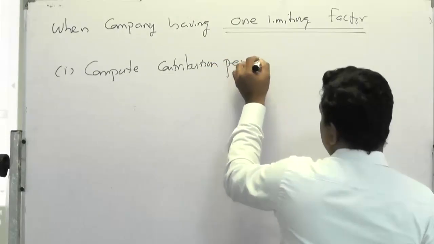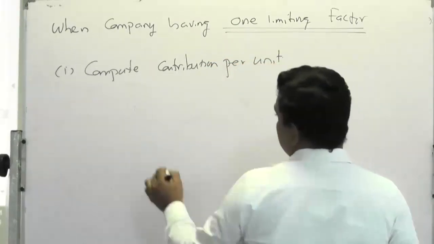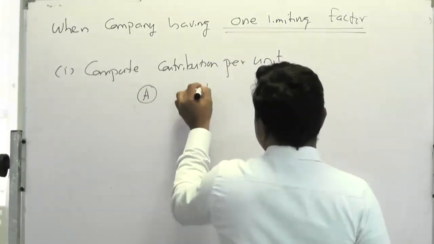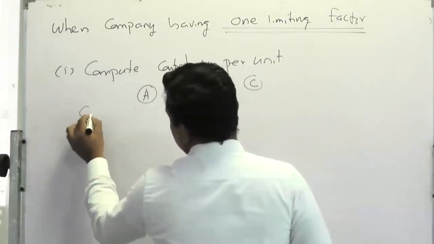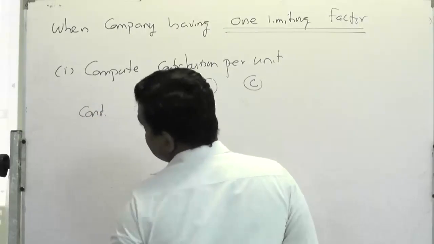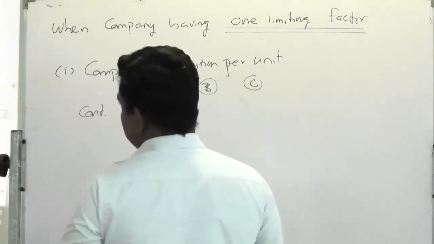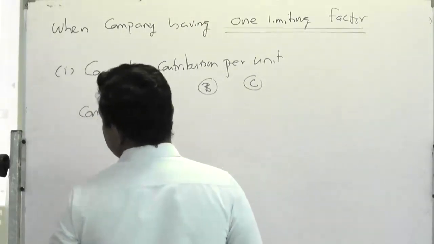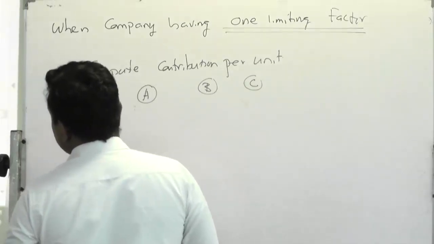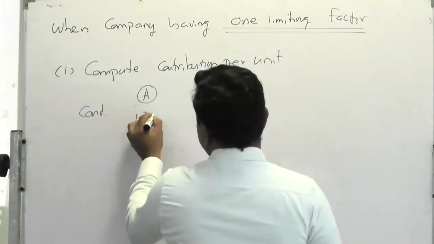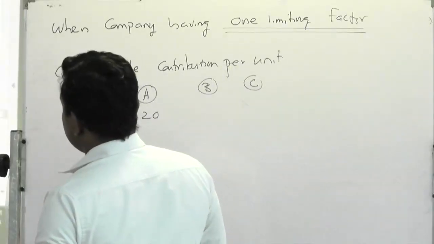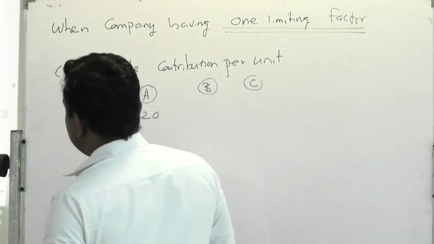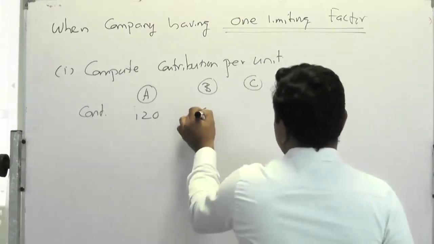Contribution per unit. Now you are producing A, B, and C. You can easily take the contributions. It is given sales price and variable cost. If you refer to product A, your contribution will be 120 per unit. If product B, your contribution will be 140.